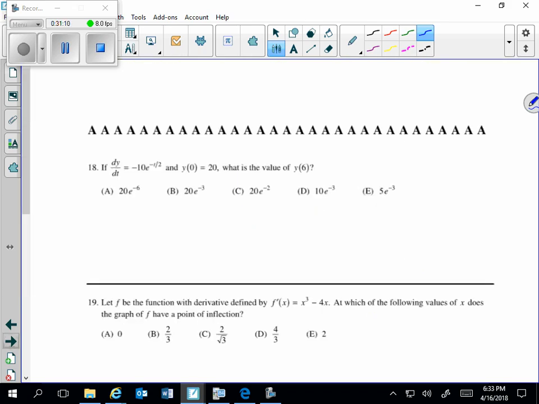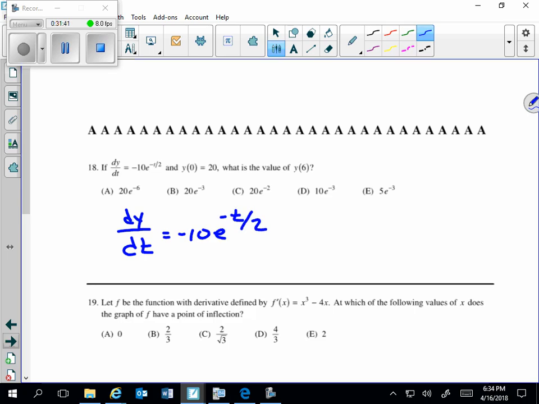Number 18. We're rolling so far. Number 18, dy dt is equal to that mess. Y of 0 equals that. What is y of 6? How do I go from y prime to y? I integrate. So I'm going to integrate this thing, but before we do that, do I need to separate any variables?